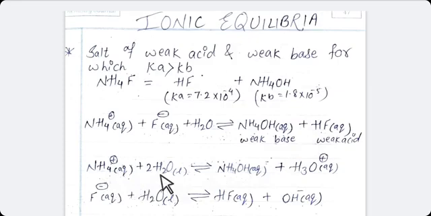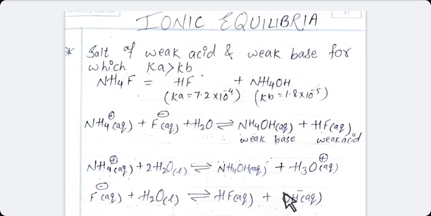NH4⁺ + H2O gives NH4OH plus hydronium ion, and F⁻(aq) + H2O gives HF plus OH⁻ ion, or hydroxyl ion.